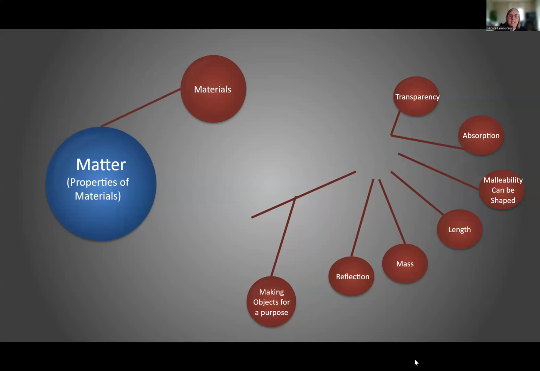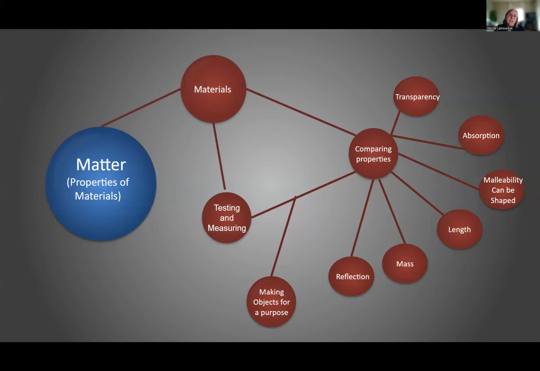So my colleague Ted at ERLC put this together, and I looked at it, and he pulled apart the concept. So we're looking at materials, and they're testing and comparing these materials, and the properties of them, to be able to select a material for the best purpose of an object, so that the particular object's needs are met. Like if you have a pencil, it's hard, it's not going to be soft, because you can't write with it, those kinds of things.